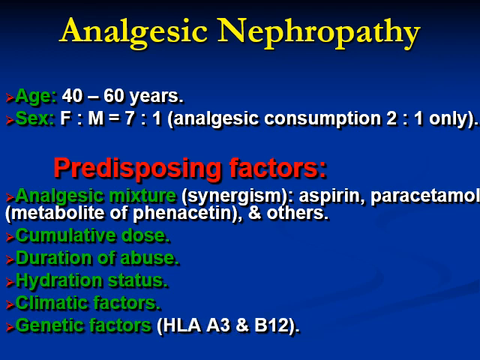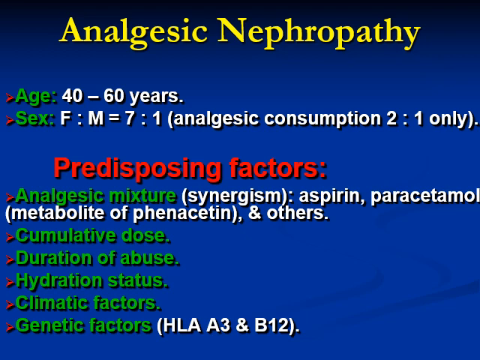The peak age of incidence for the development of analgesic nephropathy is 40 to 60 years. Females develop analgesic nephropathy 7 times as much as males. Despite that, the analgesic consumption ratio is only 2 to 1. This means that females are predisposed to the development of analgesic nephropathy when they abuse the non-steroidal anti-inflammatory drugs.